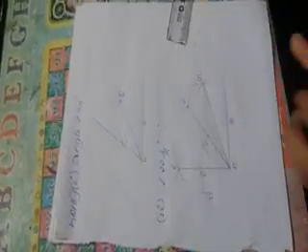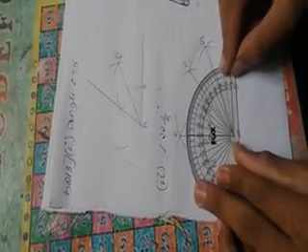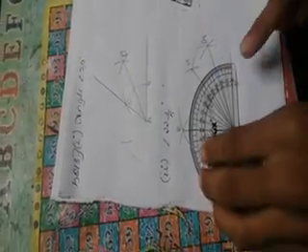Now join G to A. The point where the arcs intersect will be G. So GAB will be 22.5. Now we get 22.5. So this is the construction step for 30 and 22.5.